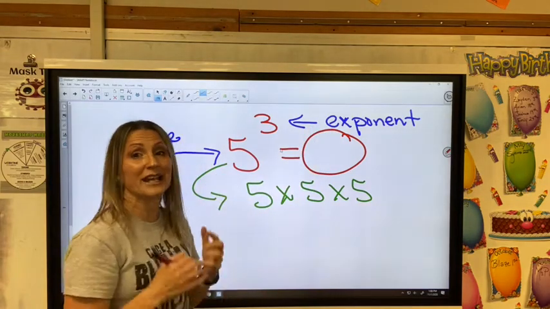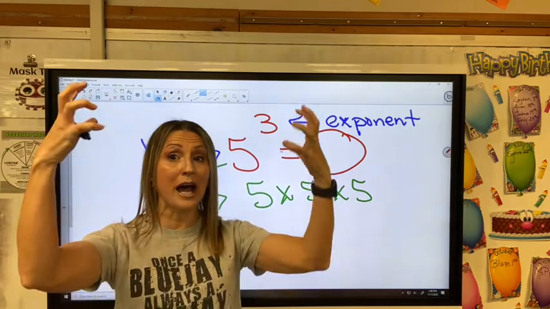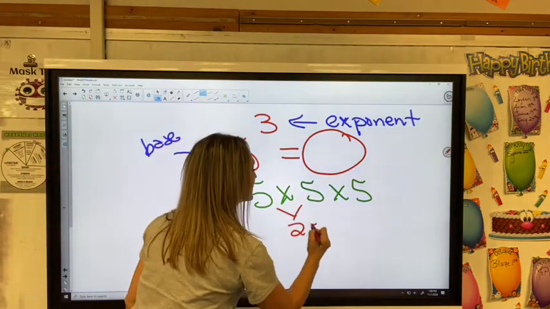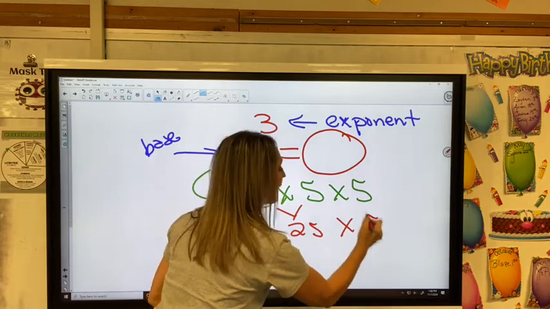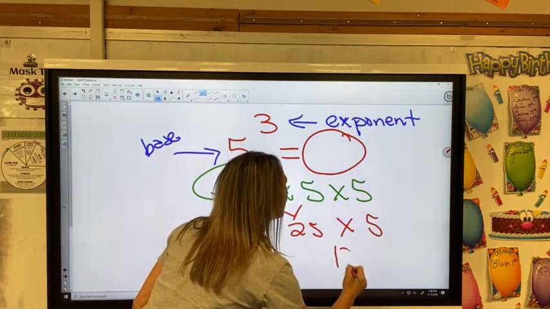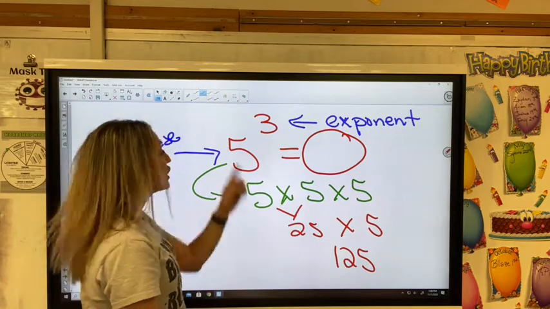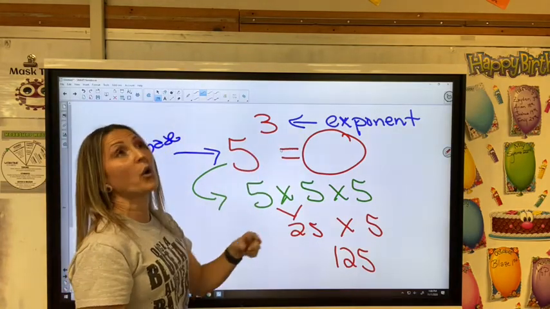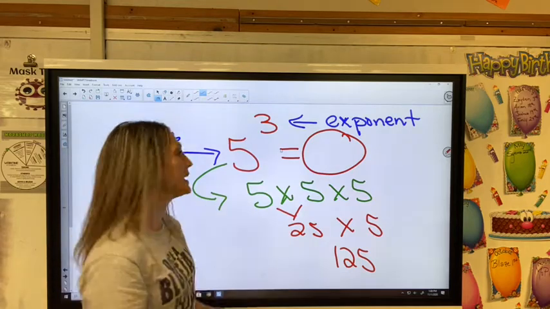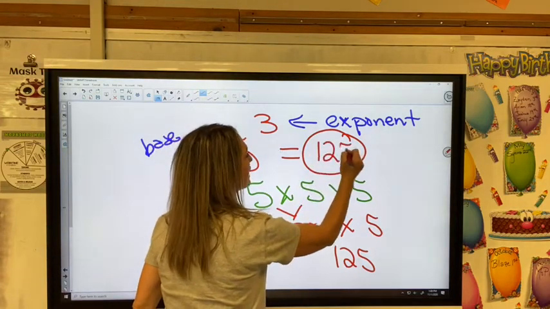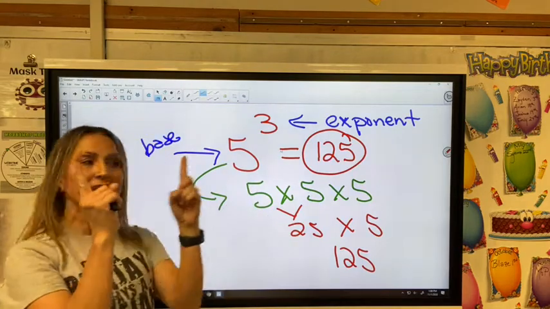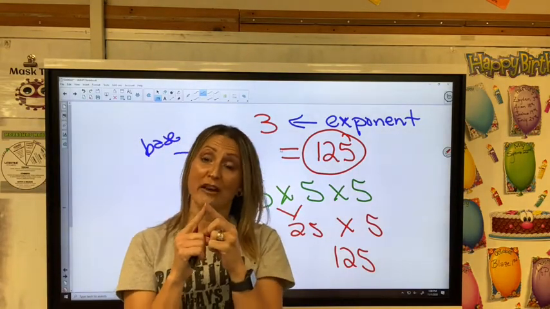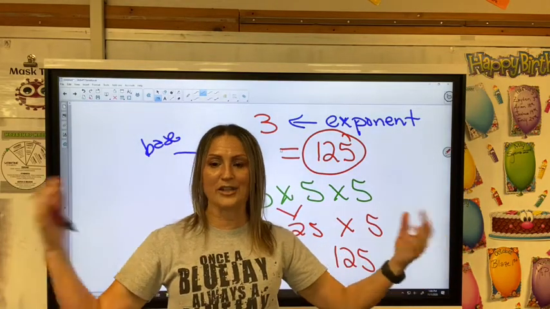I know 5 times 5 is 25, and 25 times 5 is 125. So 5 to the power of 3, or 5 to the third, or 5 cubed is really known as 125. And it just allows you to make problems shorter for yourself so you don't have to write out so much.